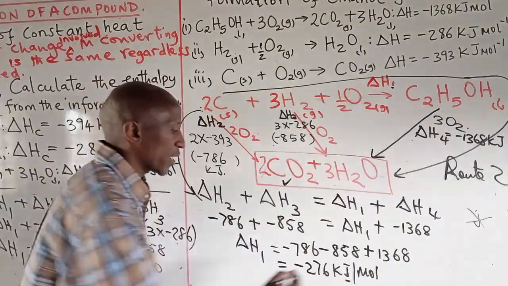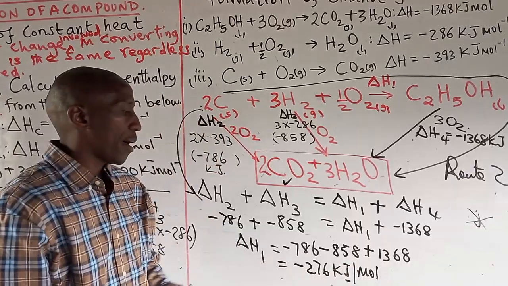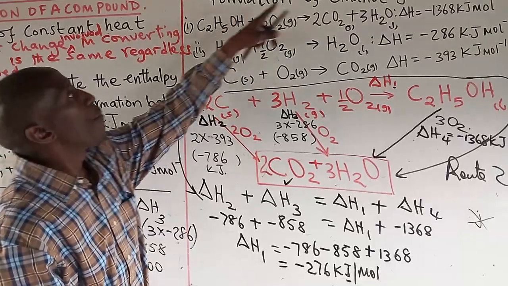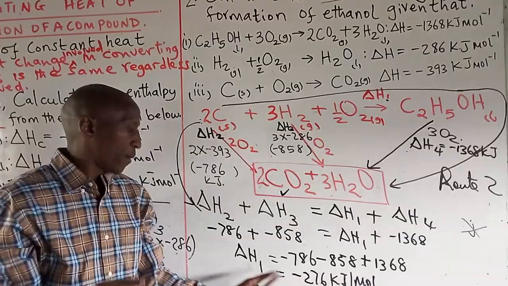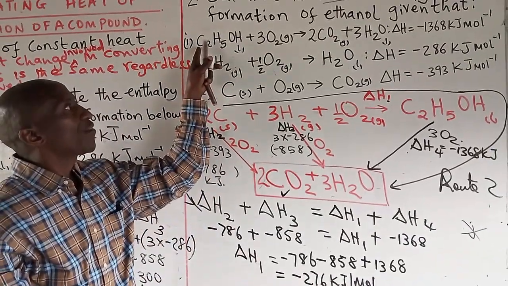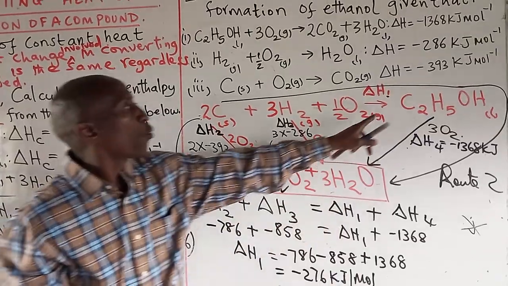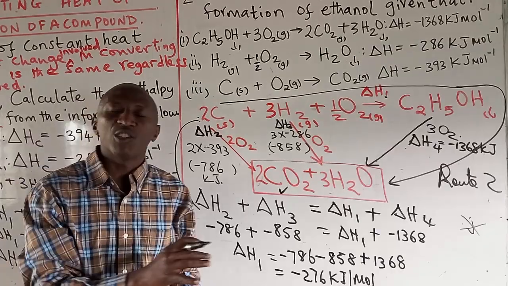So the most important is the unit joules, and we are required to find molar, and that means for 1 mole. In our equation, we developed 1 mole of ethanol.